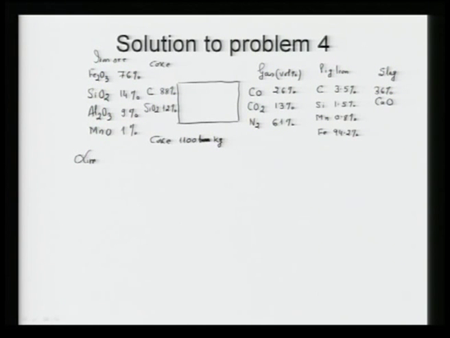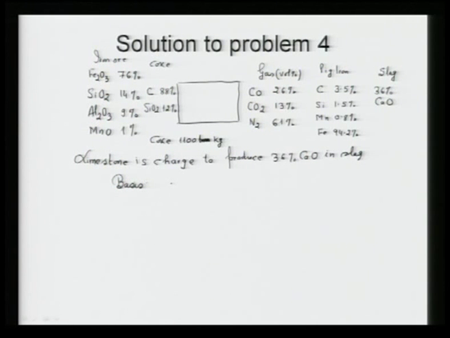The problem says sufficient limestone is charged to produce 36% CaO in slag. That is what I have also written. So, let us proceed to solve this problem. Now, all the data is before us. So, first we take the basis.